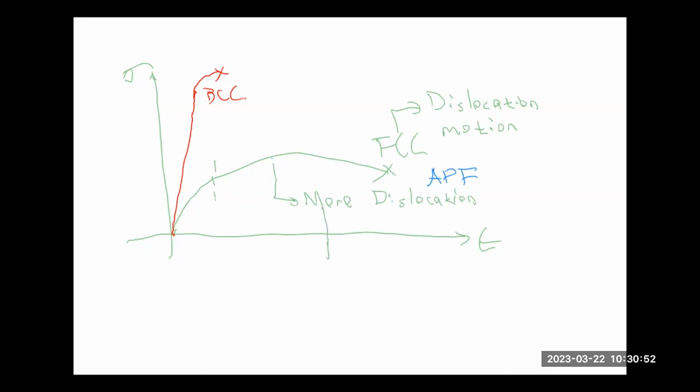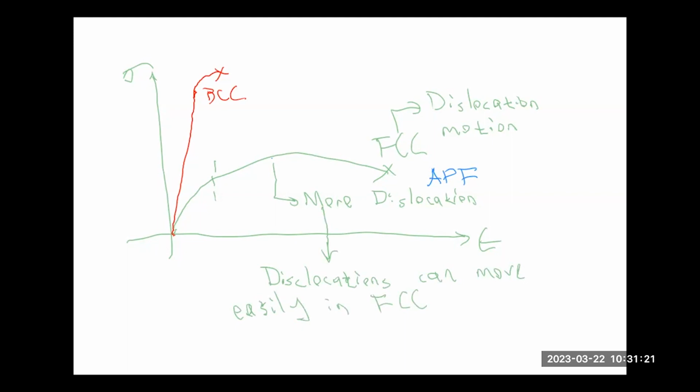It is due to the fact that the lattice resistance is so low in FCC that dislocations can move very easily in FCC.